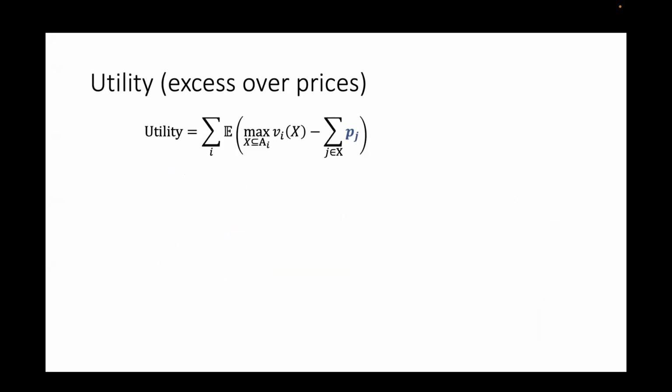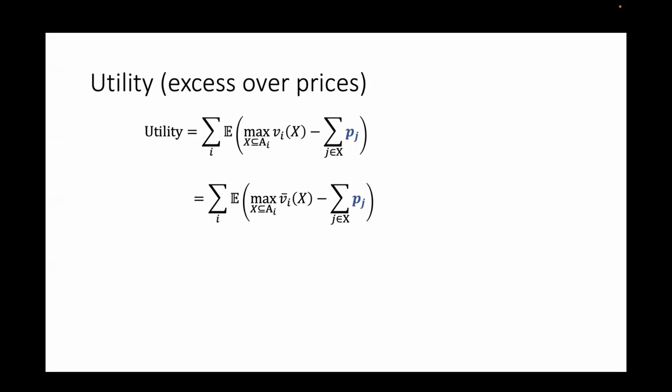So now I can write the utility as the sum over all agents of the expectation of this maximization over all sets among the items that are available when agent i arrives. This is set A_i. It will maximize v_i(X) minus the sum of prices in X. So that's the utility of agent i.